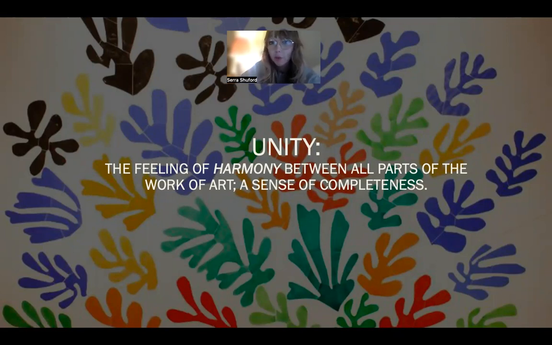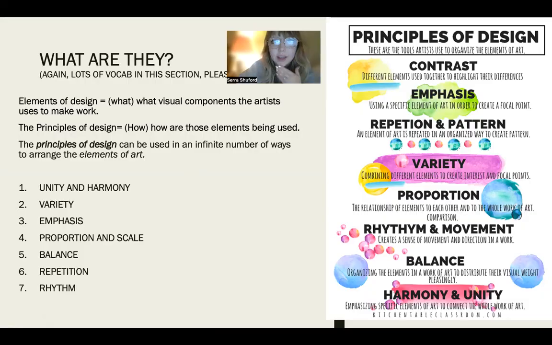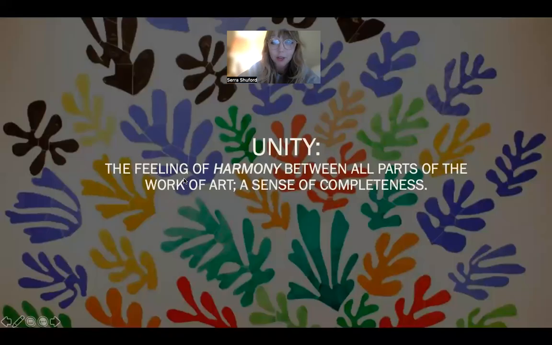So unity and variety, which is our next one here, sort of complement one another. Having too much unity or too much variety can be a bad thing, but balancing the two will make a successful, well-composed, organized work of art.